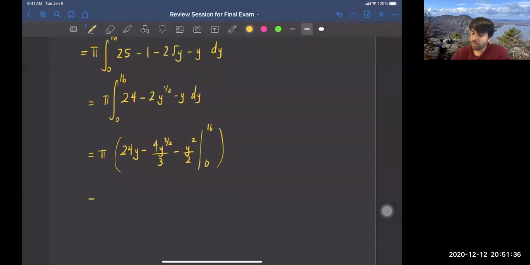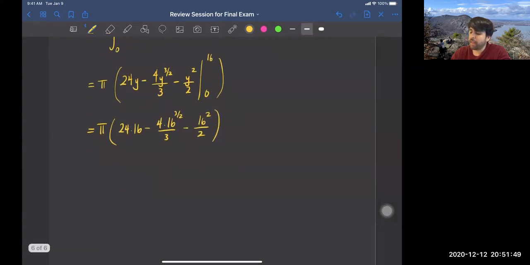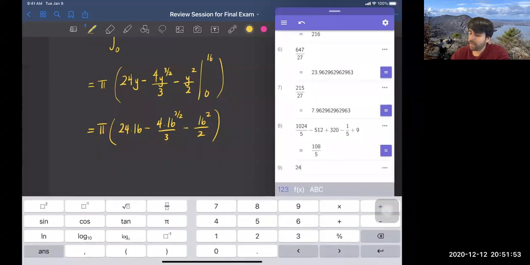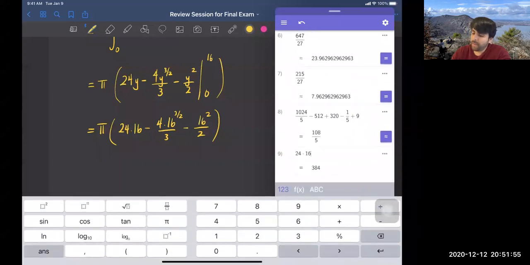So then this becomes pi times 24 times 16 minus 4 times 16 to the 3/2 over 3 minus 16 squared over 2. And then 24 times 16 is 384 minus 4 times 16, square root of 16 is 4 times 3 is 64 over 3 minus 256 over 2.